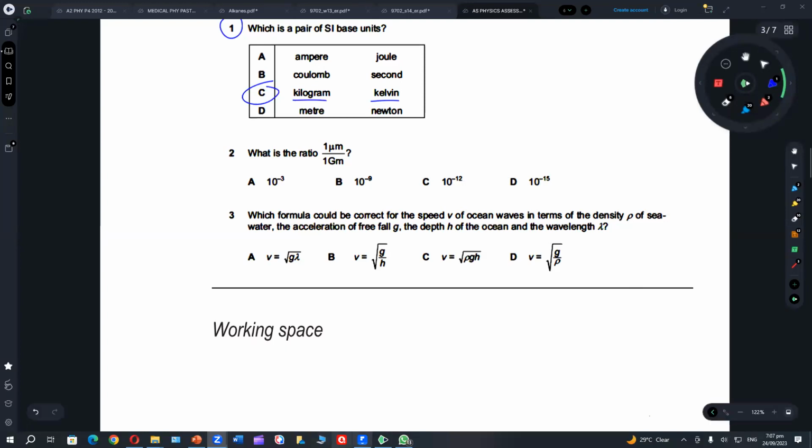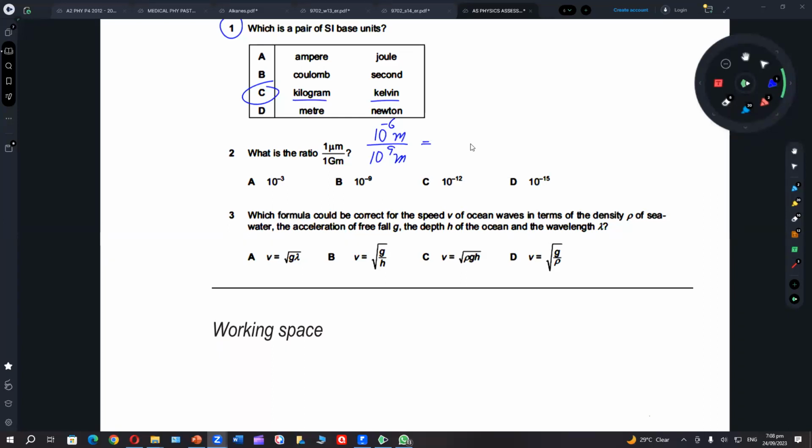Question number 2, we people are suggesting answer is D. So let's discuss that. 1 micrometer will be equal to 10 power minus 6 meter upon giga means 10 power 9. Anyways, I have simplified it.